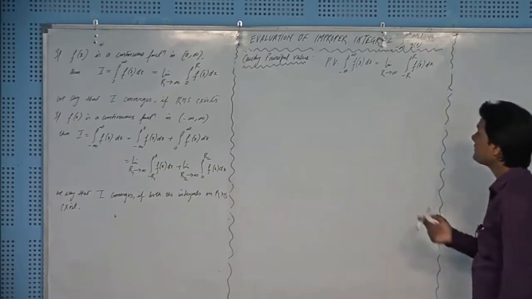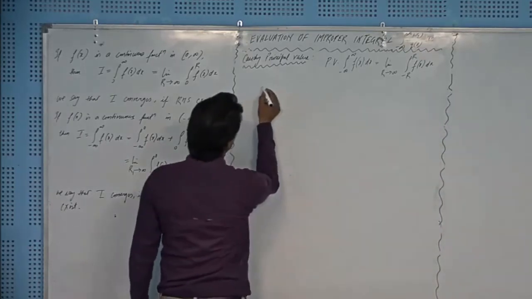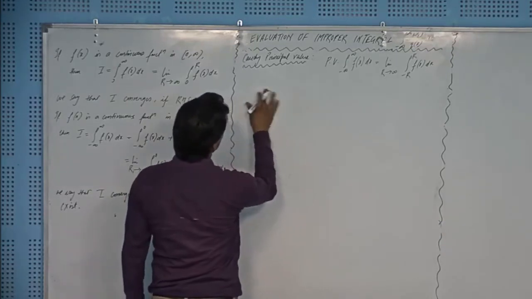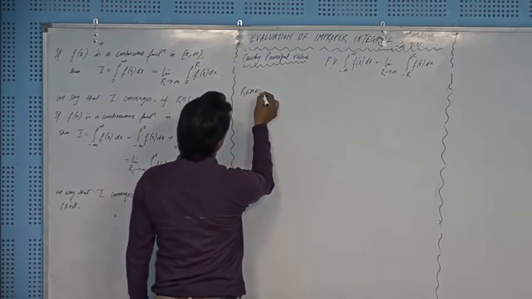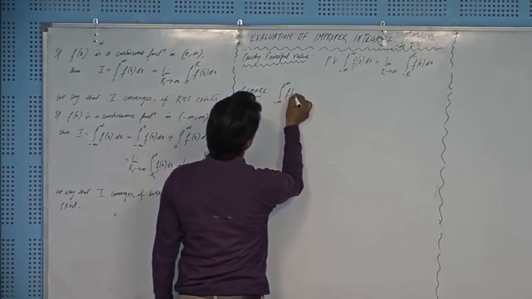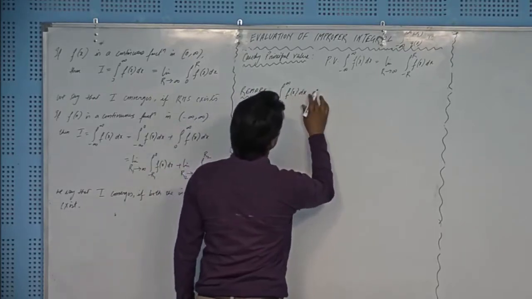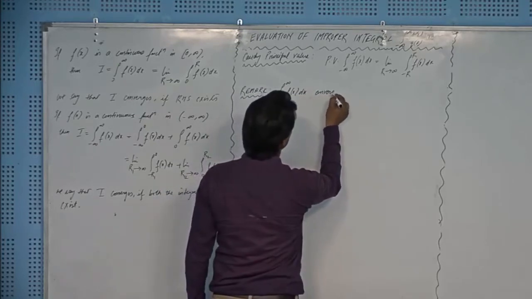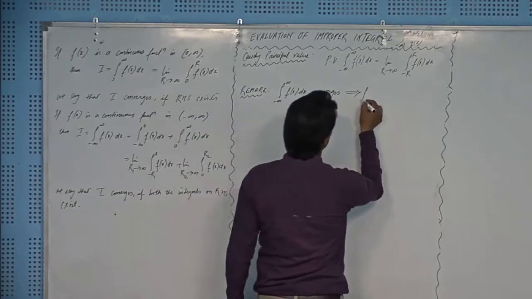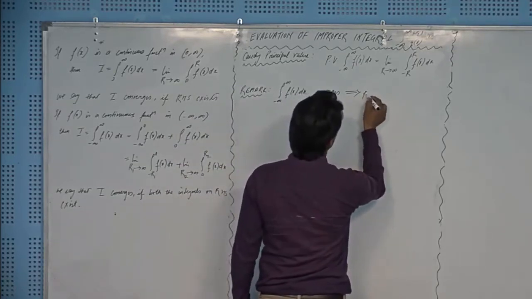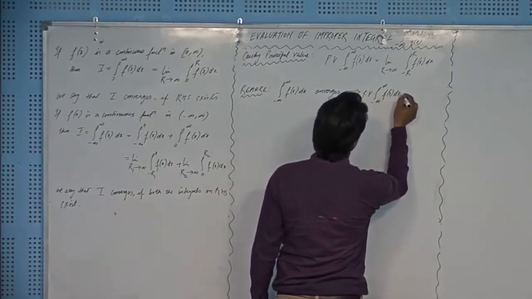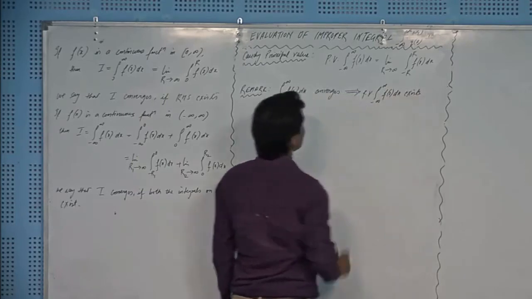I will write that point as a remark. If integral minus infinity to plus infinity f(x) dx converges, right, it implies that the principal value of this integral minus infinity to infinity f(x) dx exists, right?